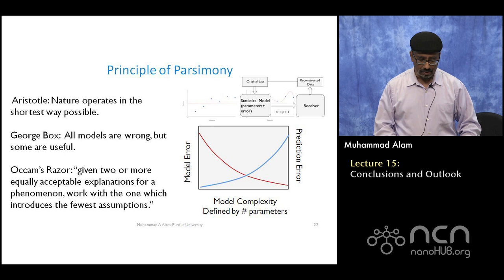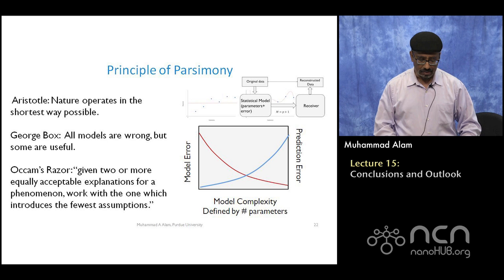The answer is the principle of parsimony: whichever model can describe the data with the fewest possible parameters is the model you take, because anything simpler is likely to be more correct and more predictable.